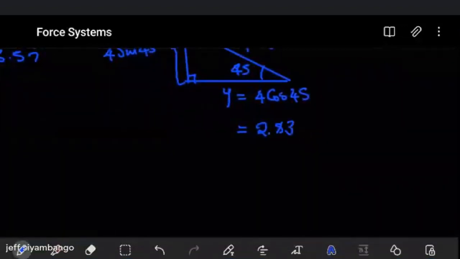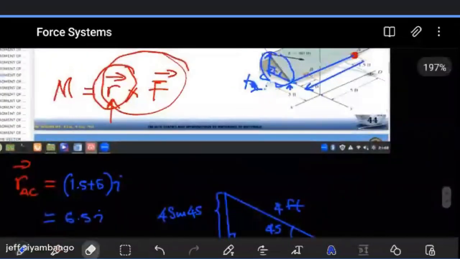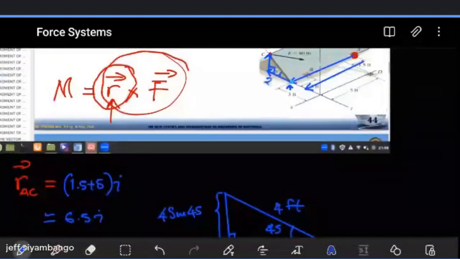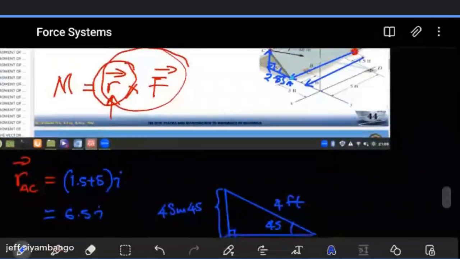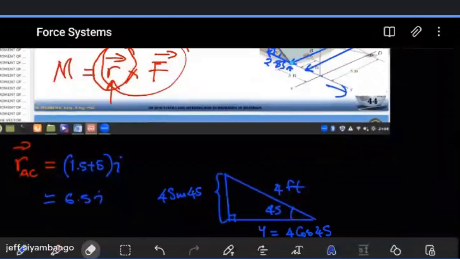Yes. Okay. So what this is telling us is that this small piece here is actually 2.83. So in the y-axis, observe the direction. Y is positive in this direction. Since you're moving backwards, it implies that you're actually moving negative 2.83.